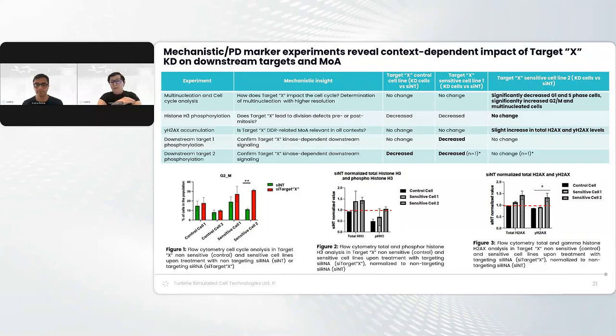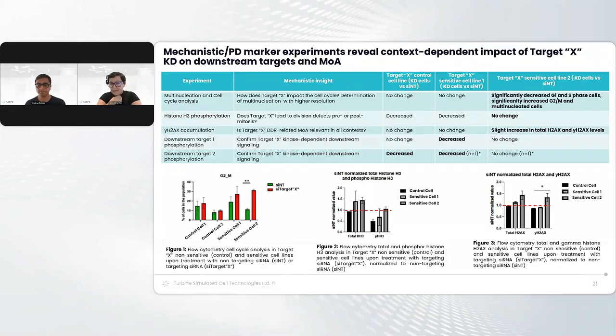And we also selected, based on simulation data, a couple of markers that we then measured in vitro, such as histone H3 phosphorylation, gamma H2AX, and so on.